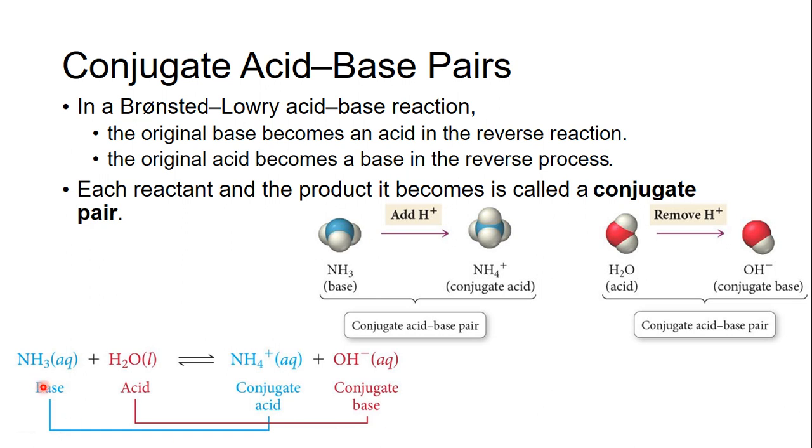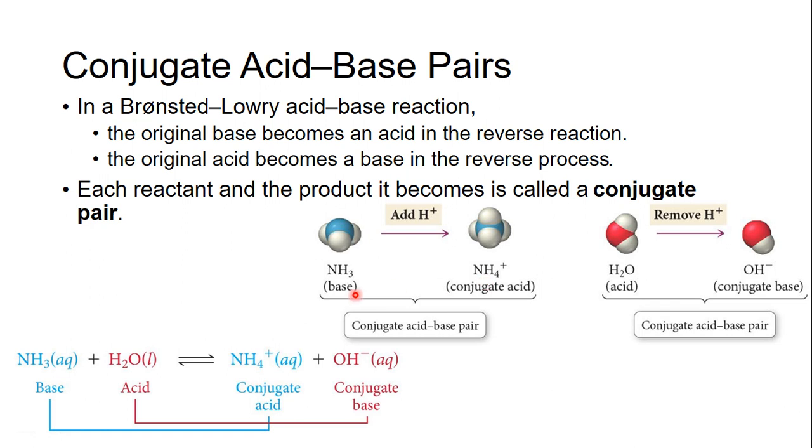While the base gets a hydrogen, and it can be an acid in the reverse reaction. So this is its base and its conjugate acid, its conjugate pair. So when talking about conjugate pairs, the only difference between them is that there's a difference of one hydrogen. And the acid is always going to be the substance with that extra hydrogen.